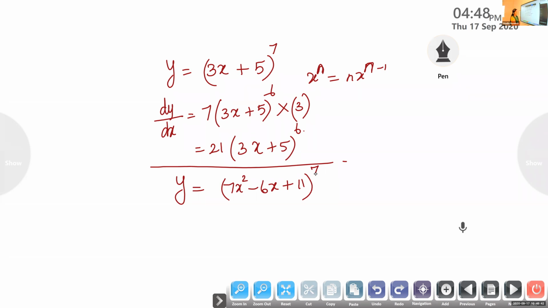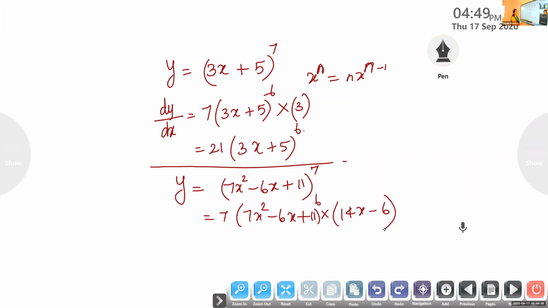Anila Mohanan, can you give the answer, Anila? 7 into 7x square minus 6x plus 11 to the power 6 into 14x minus 6.